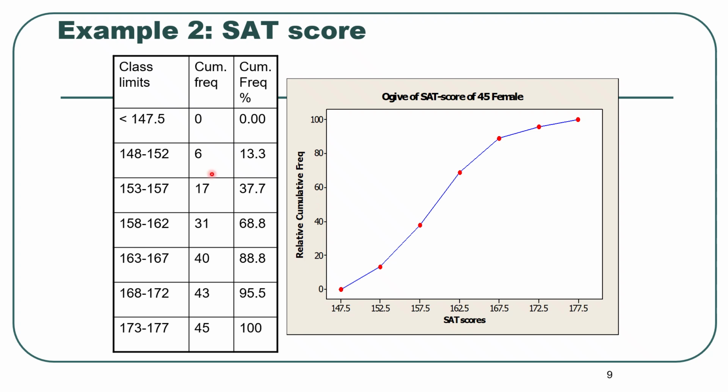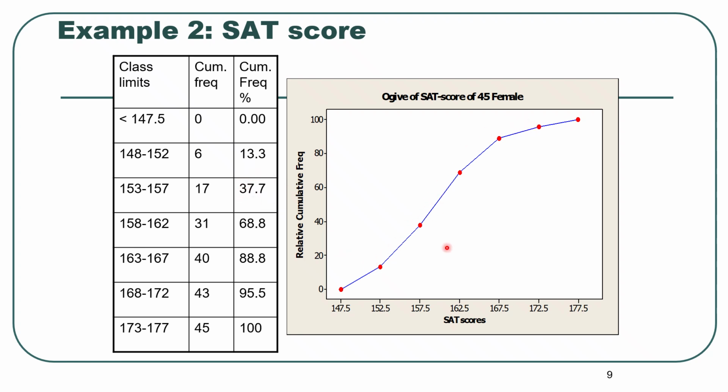So at 147.5, I have 0%. This is again the class that we added to begin our ogive at the 0 point. And the second class is 13.3%. How many frequencies are there below 157.5, my third category, and so on. So this is my ogive.